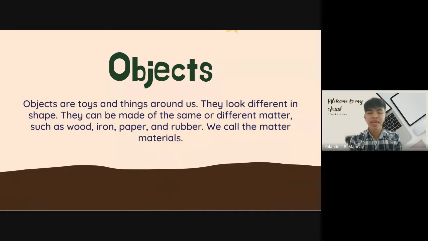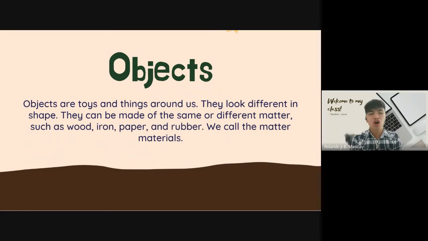And you know, kids, the toys are an example of objects, because objects are toys and things around us. Not only the toys, but also the things that are around us. That includes the chair, the pan, the spatula, the table, the paper.